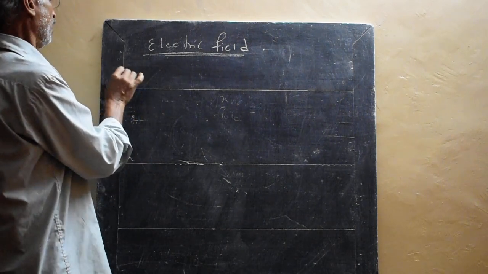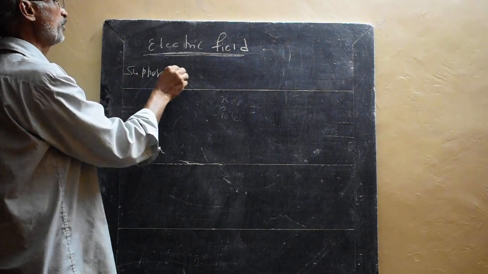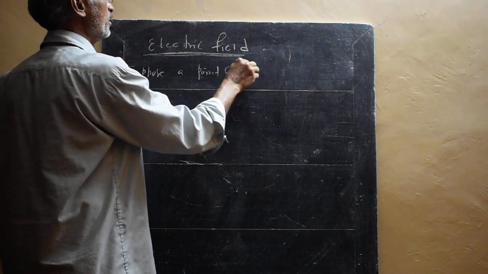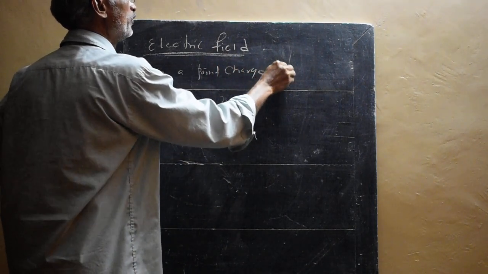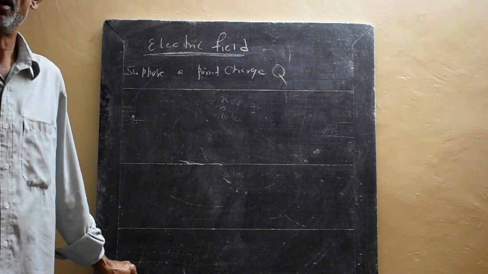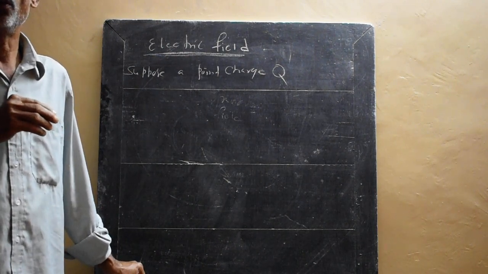Suppose a point charge Q. What do you mean by point charge? It was already explained. Suppose two charges are there, Q1 and Q2.